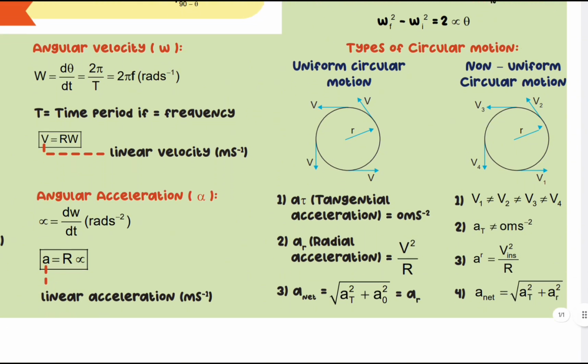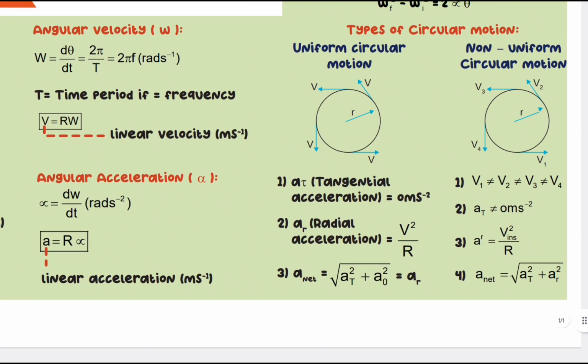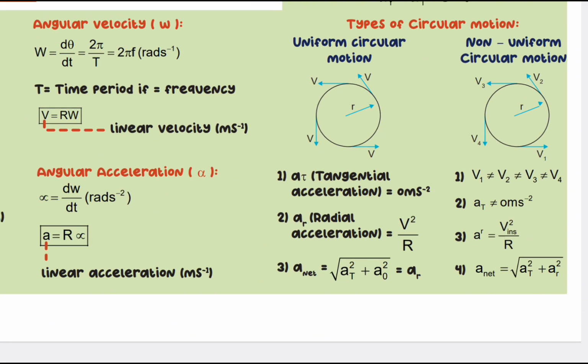Types of circular motion: uniform circular motion and non-uniform circular motion. In the case of uniform circular motion, tangential acceleration equal to 0 meter per second square and radial acceleration is equal to v square by r, and net acceleration is equal to root of tangential acceleration square plus radial acceleration square, which is equal to radial acceleration.